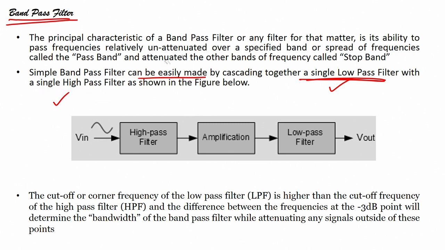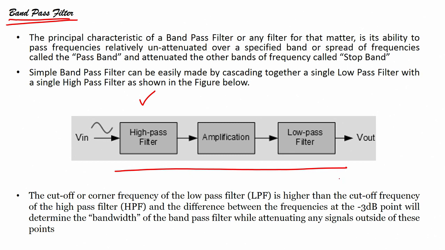In the block diagram for the band pass filter, the first block is the high pass filter, then we amplify, then the low pass filter. So cascading high pass and low pass will result in a band pass filter.